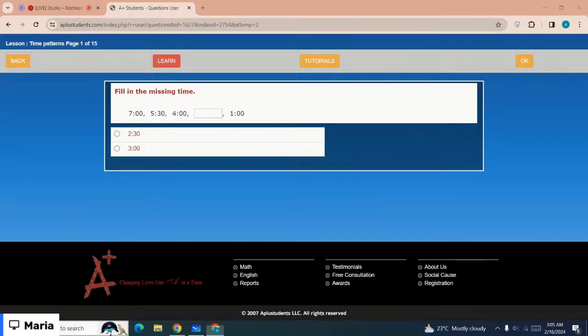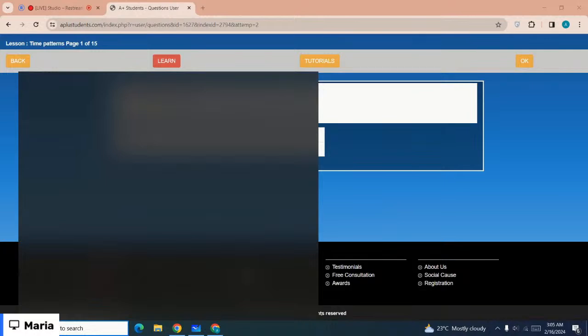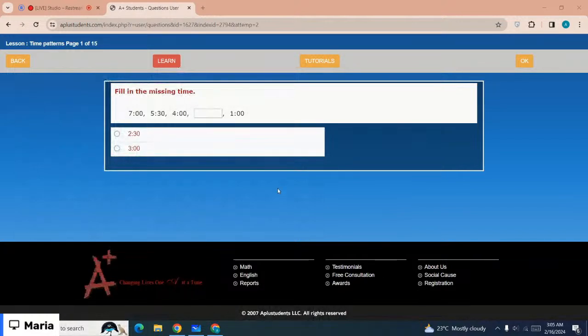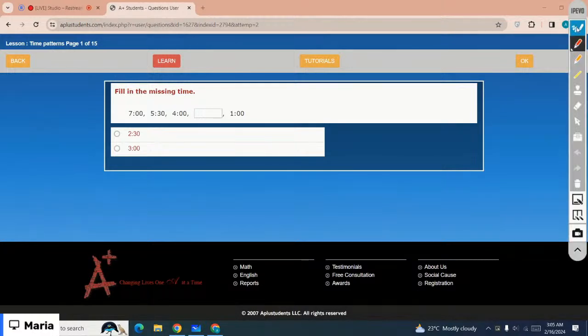So if you look at the first one, that is 7 and 5:30. That means time is decreasing, right? Because the next time is earlier than the time before it, right? So you go back by 2 hours and 30 minutes, right? Because 7 minus 2 is 5 and then 5:30.